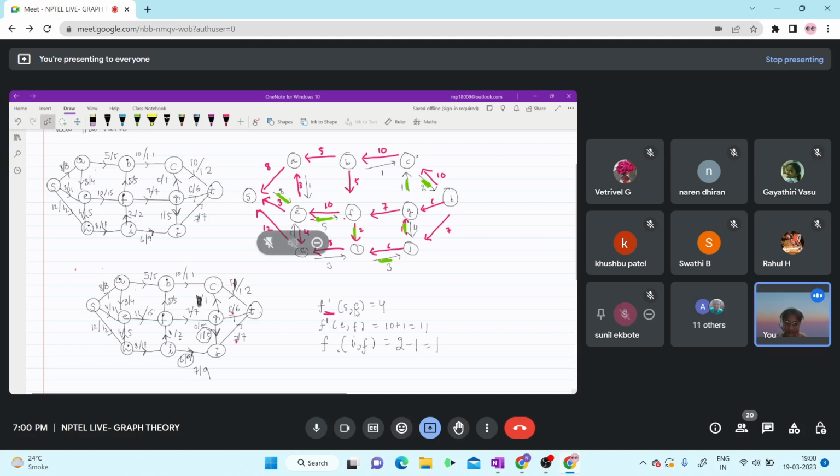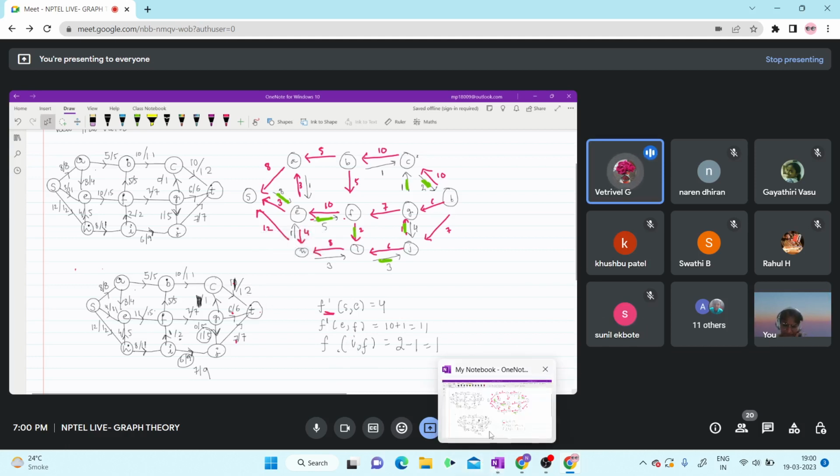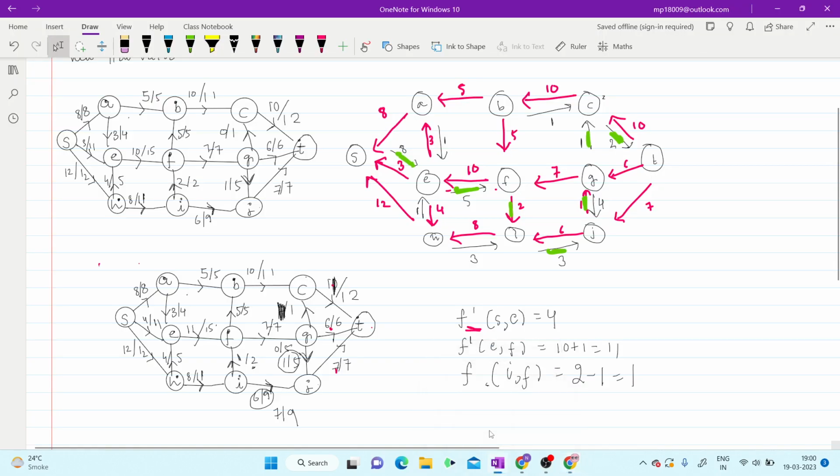Any other question? Ma'am, I have the same doubt. We have to add and subtract the values on the first diagram, not on the residual flow diagram, right? Yes, from the first diagram, because this is your original flow.